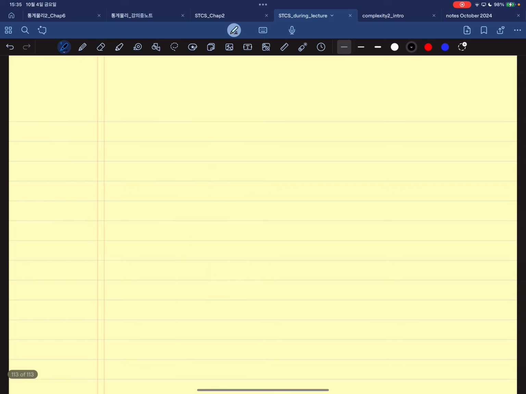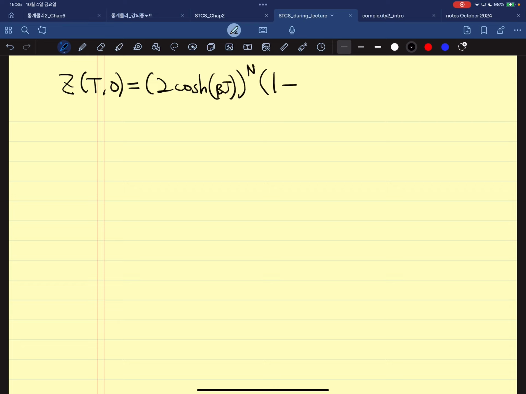Then for the given temperature without external field, it is twice hyperbolic cosine beta j, and 1 plus hyperbolic tangent to the nth power of this one.